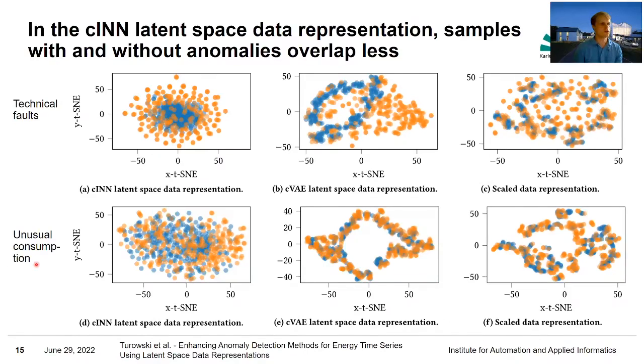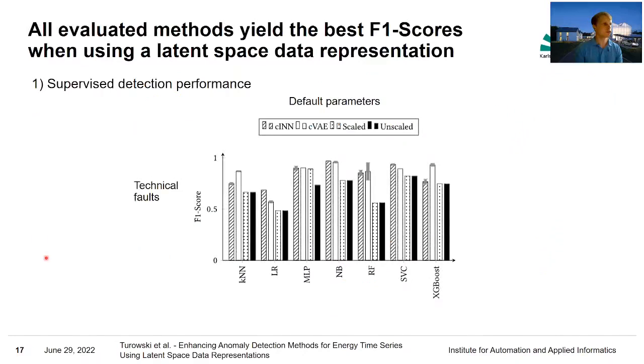So let's move on to the first quantitative evaluation criterion, which is the detection performance. We will focus first on the supervised methods. What we see here is the F1 scores of the 4 data representations for each of the 7 selected supervised anomaly detection methods shown here.